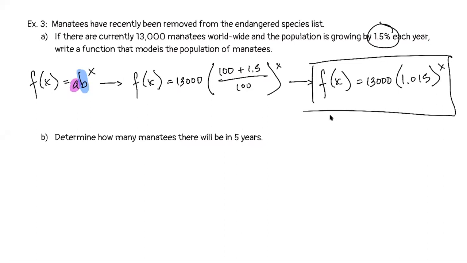Now, to determine how many manatees there will be in 5 years, everywhere we see the x, we're going to plug in 5. Now this time, when we plug this in, we're going to get a lot of decimals.